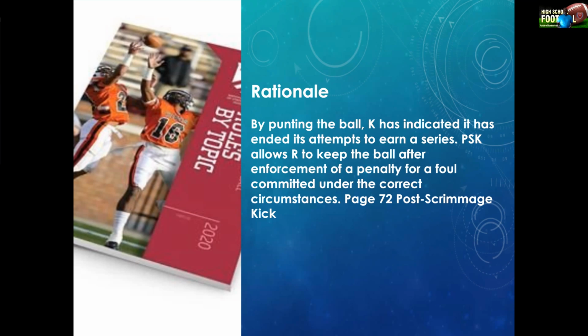On a regular scrimmage, in order for B to keep the ball on a change of possession, they can't foul between the time the ball is snapped and then they recover and intercept the ball. But on a PSK, it's different, okay? It allows R to retain the ball even with unclean hands. In other words, they fouled before they even got possession of the ball, but that rule is exempt from scrimmage kicks, all right?